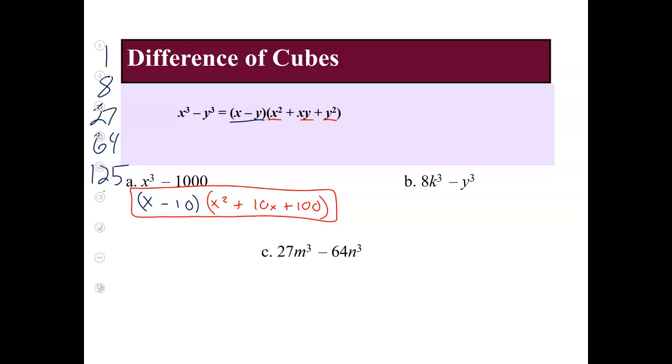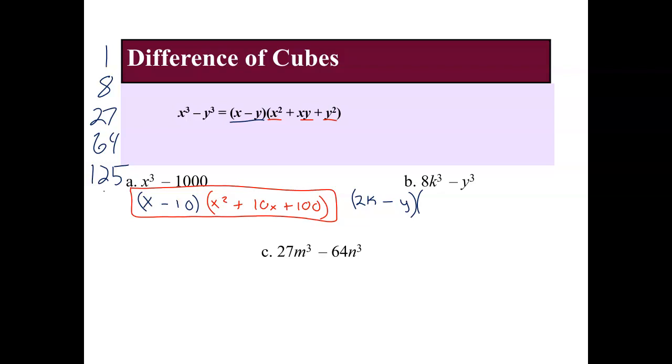8k to the third minus y to the third. What's the cube root of 8k to the third? 2k. And cube root of y to the third is y. Am I plus or minus? Good. How do I get the next term?